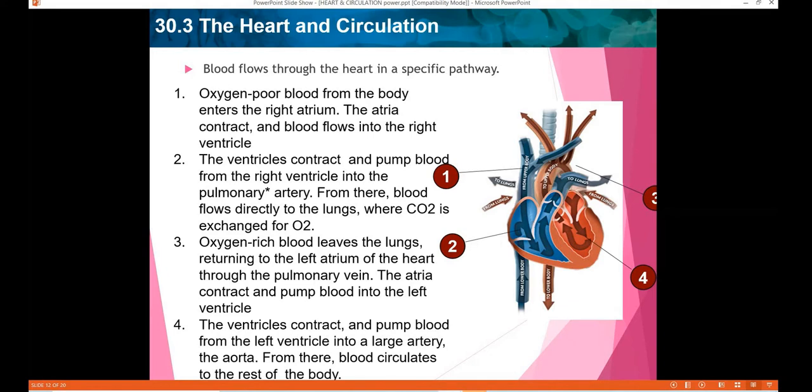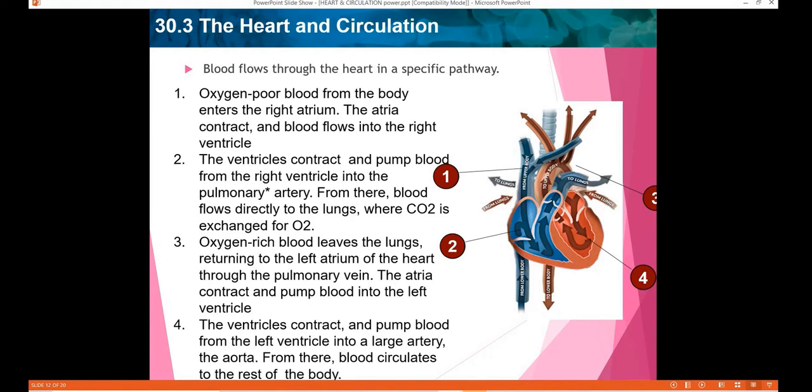So the contraction is passed on from the atrium to the ventricles now. And blood is pumped from the right ventricle into the pulmonary artery. This is the artery which goes to the lungs and is the only artery in the body that carries oxygen-poor blood. Why do we say that? Because arteries usually carry oxygen-rich blood to the rest of the body.